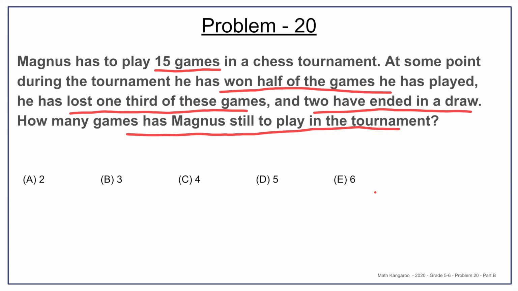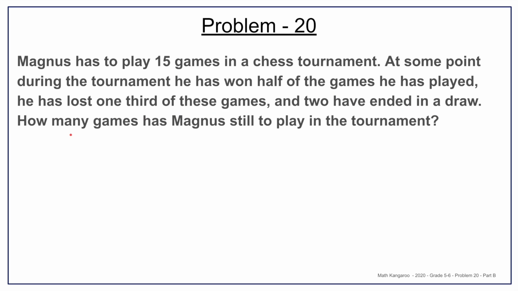Let us get a clean slate. Let us assume that Magnus has played X games so far. He won some of the games, he lost some, and there are a couple of draws. So he has won half of the games. That means if he has played X games, then X by 2 games has been won by Magnus.